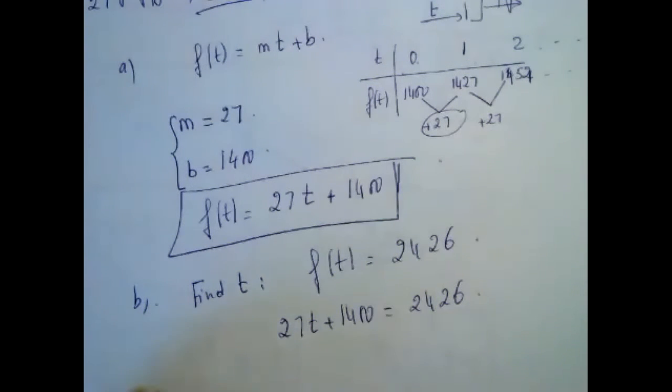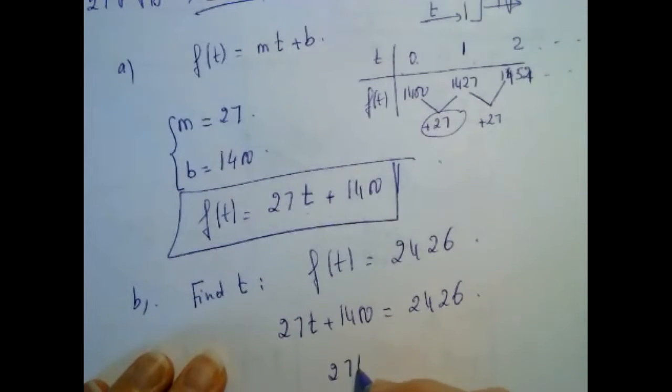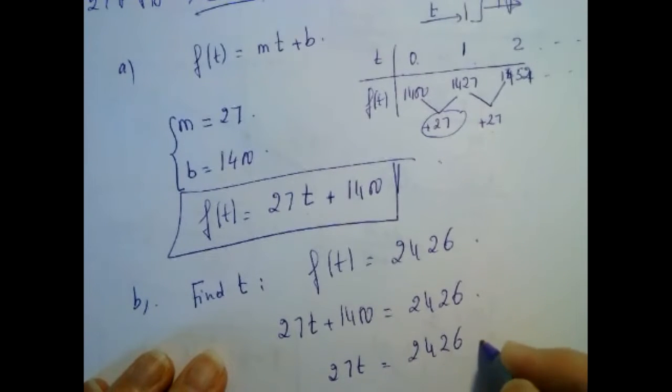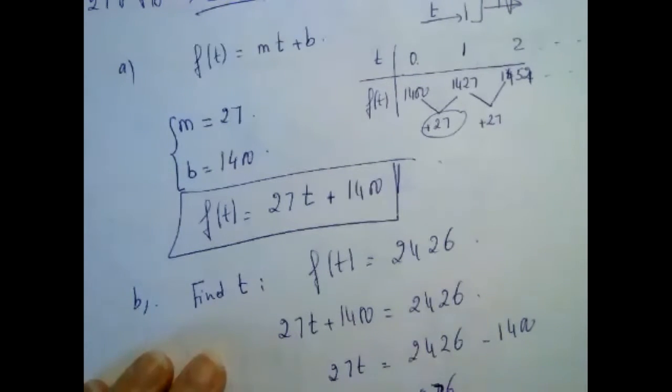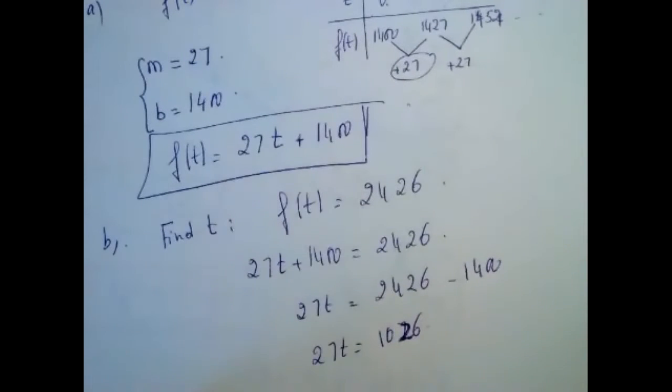So you would subtract the 1,400 from the 2,426, which would give you 1,026, and then you would divide that by 27. I'm trusting your numbers, you're right. Your final answer should be 38.